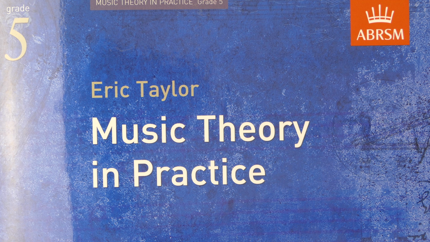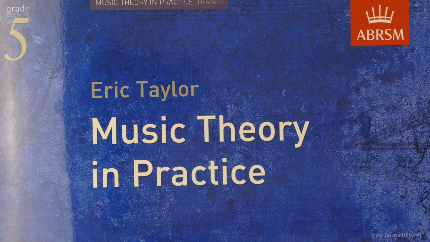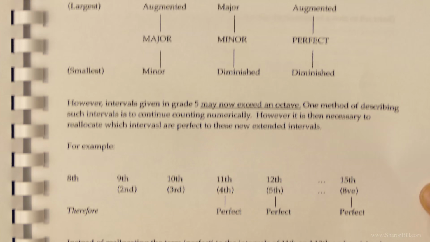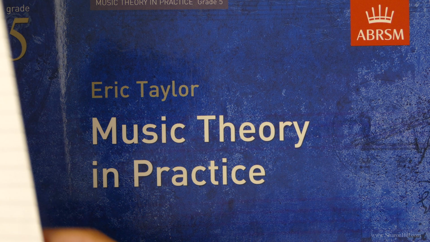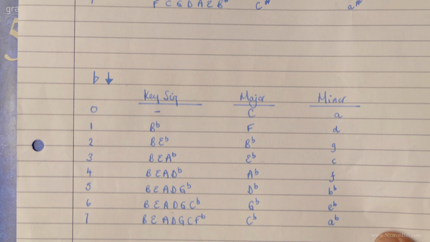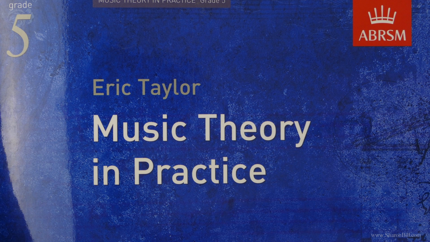And so we're going to look at the final exercise in what I've referred to as section G. So if you turn in your PDF document to section G, you'll find the information that you need to be aware of when we're describing these intervals. You will also find it helpful to have your key signatures, your circle of fifths, to hand, just so you can be sure what each key entails.